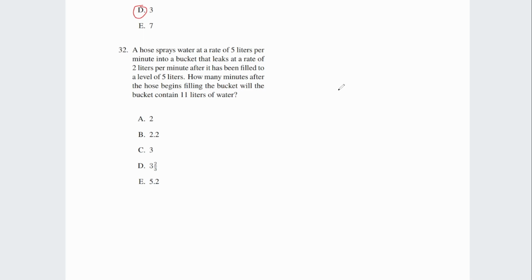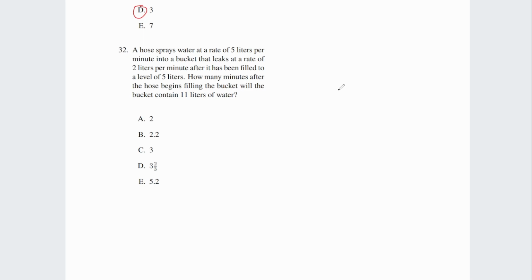So this is starting to get a little bit more difficult. 5 liters per minute, and then after 5 liters, the hose starts to leak at 2 liters per minute.